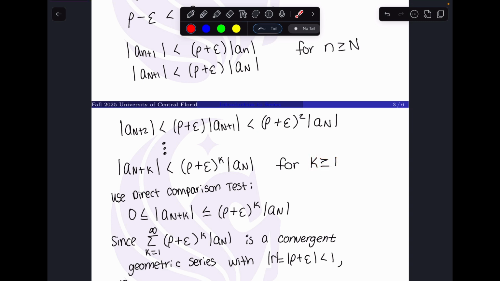We can keep doing this for any k greater than or equal to 1.